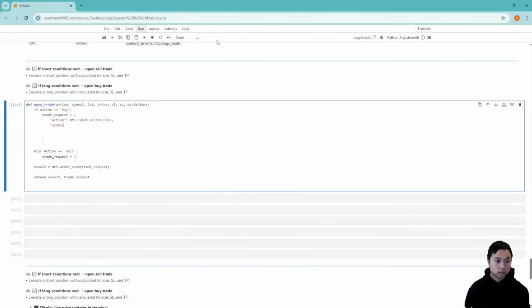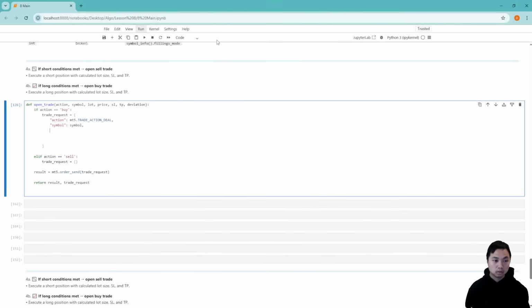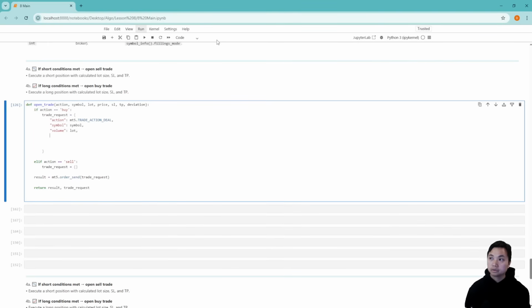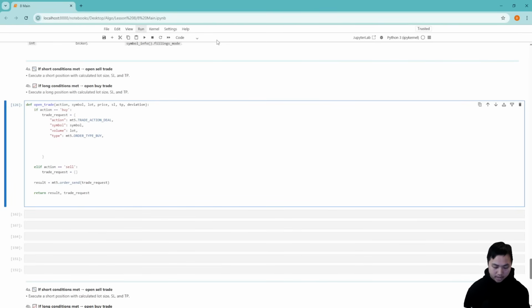The second one is the symbol. That is the symbol. The third one is the volume, the lot, and then the type. That is the order type. And because this is a buy scenario, we are using order type buy.